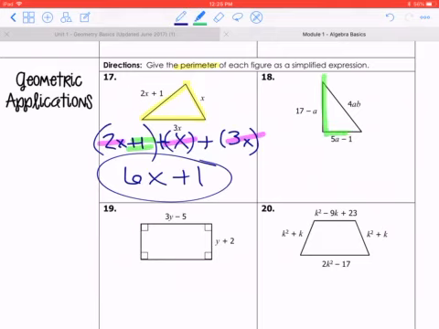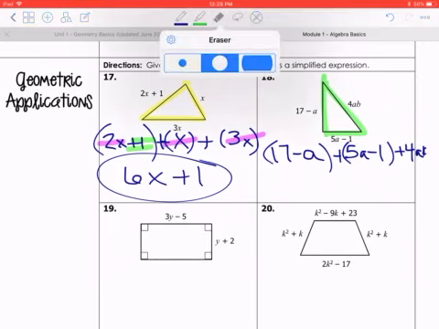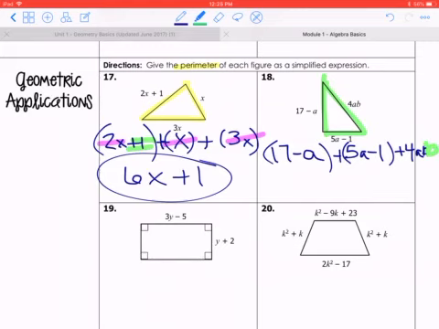So now, if I do all the sides, I have 17 minus a, that was one side, plus 5a minus 1, there's a second side, plus 4ab. Okay? Oops, I don't need to put a parenthesis there. Let's try writing that a little nicer. So the last one was 4ab.